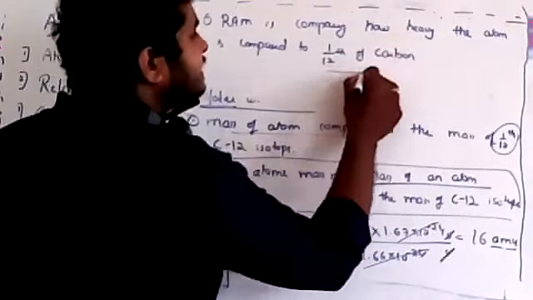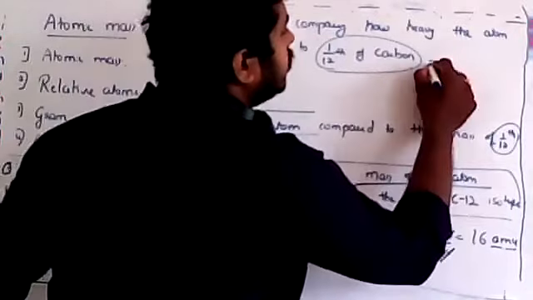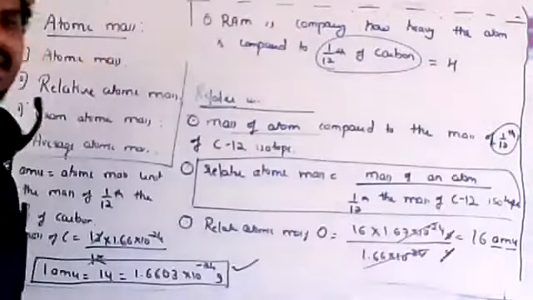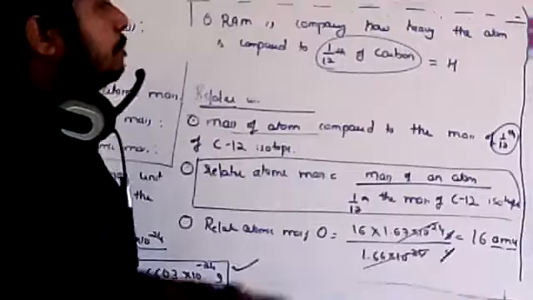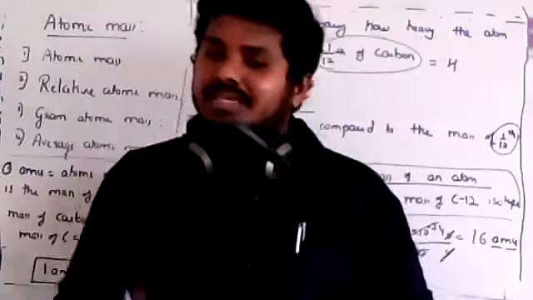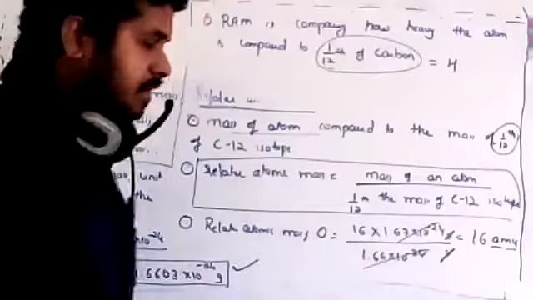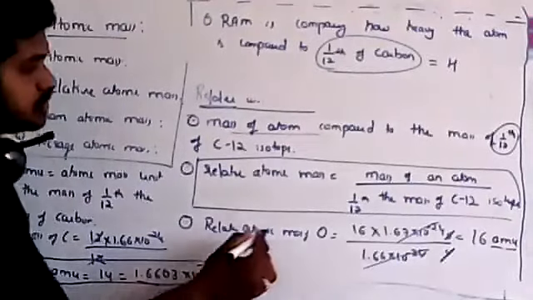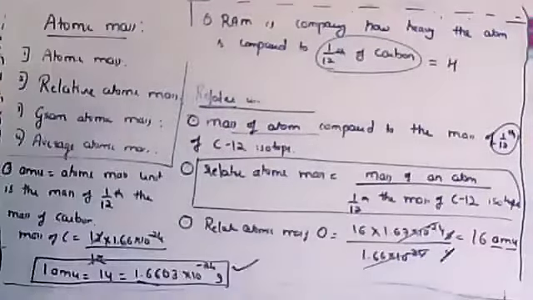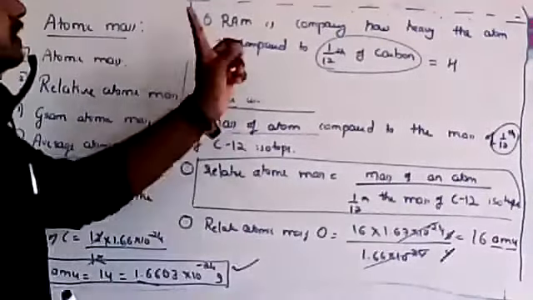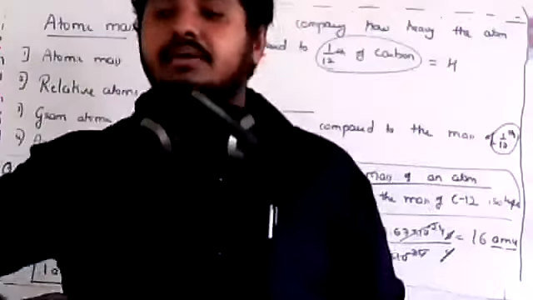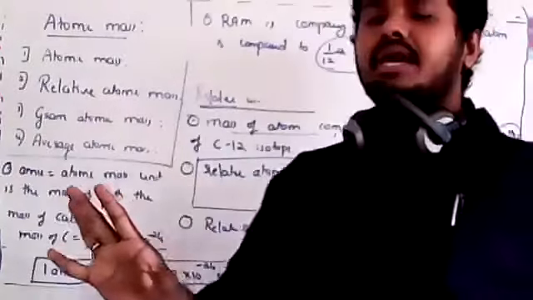This is almost equal to the mass of hydrogen only. Compared with the hydrogen mass, the smallest one, because 1 by 12 of the carbon gives a mass almost equal to the mass of hydrogen. So it is just a comparison of how heavy an atom is compared to the mass of hydrogen. Are you getting my point?